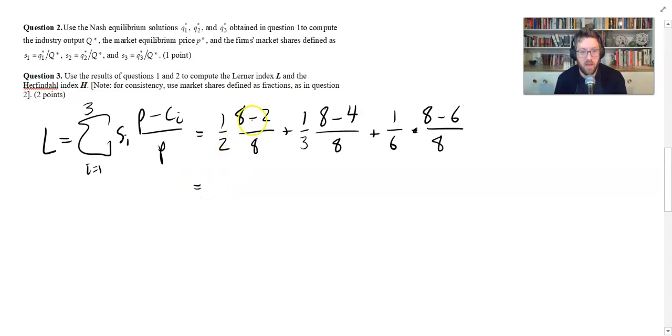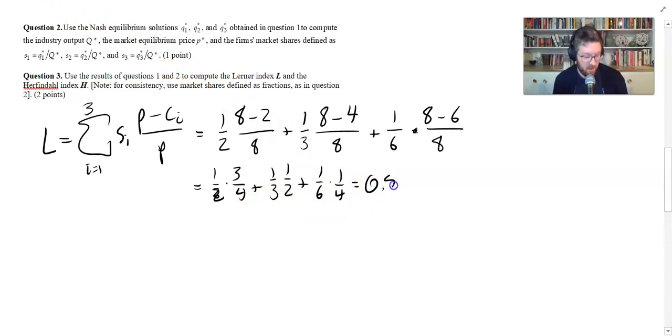So this is 1/2 times 6/8, or 1/2 times 3/4, plus 1/3 times 1/2, plus 1/6 times 1/4. And pause while I get a calculator. I get 0.583 repeating here.